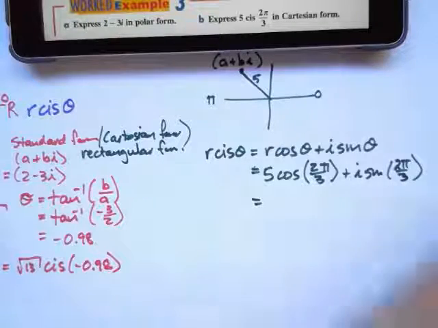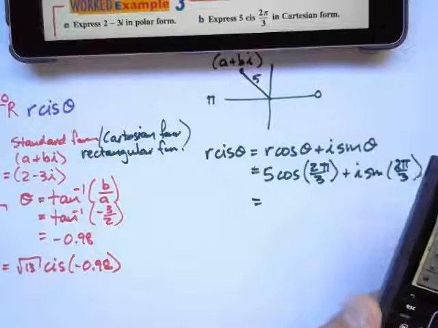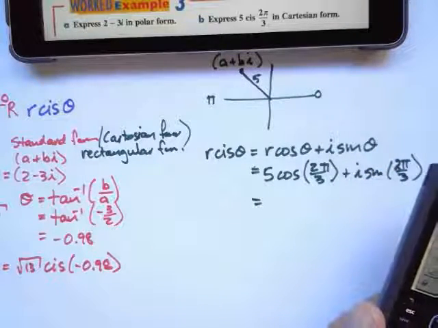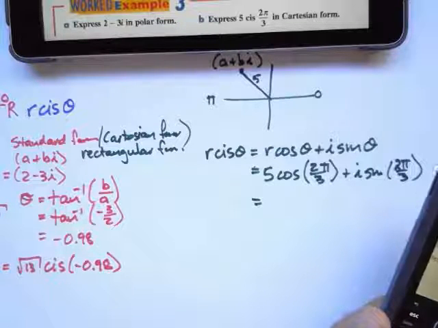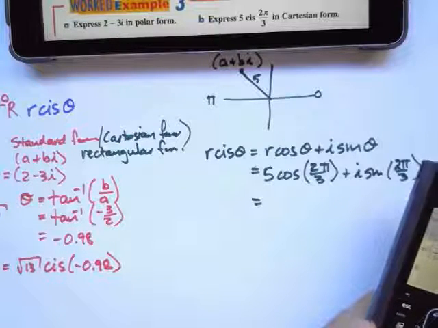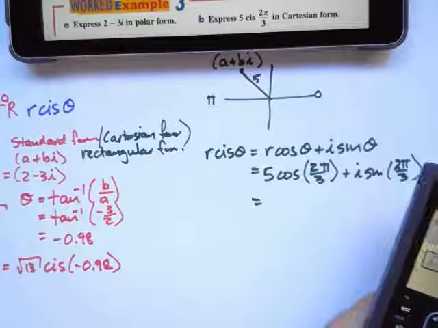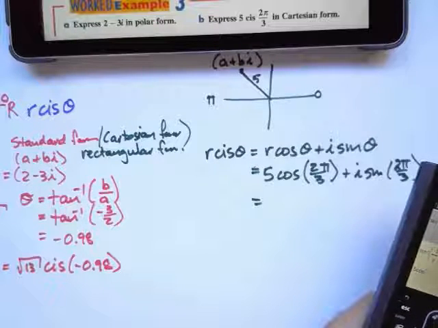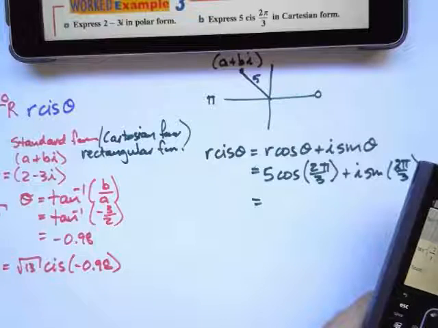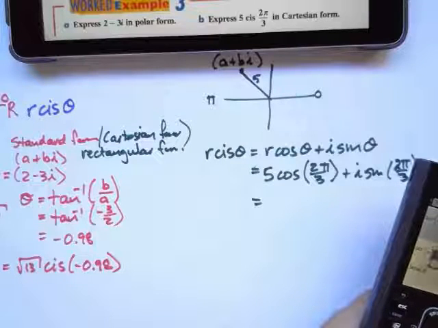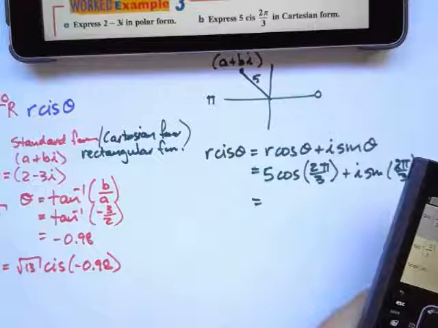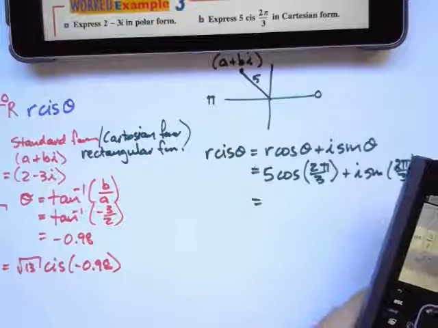So I'm going to use my calculator. I'm going to say menu, enter. I'm going to say 5 cos of 2 pi over 3, 2 pi divided by 3, enter.